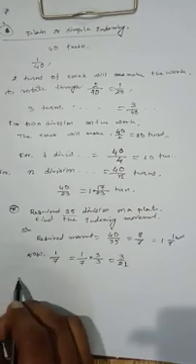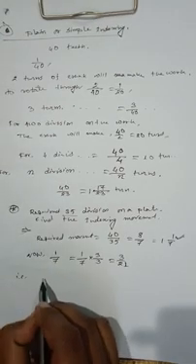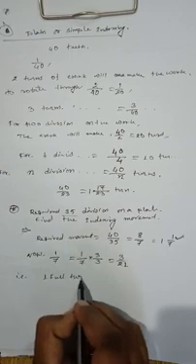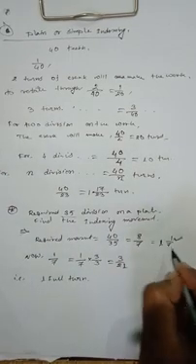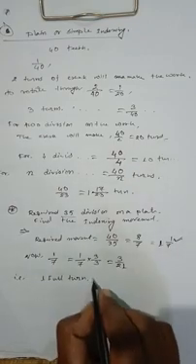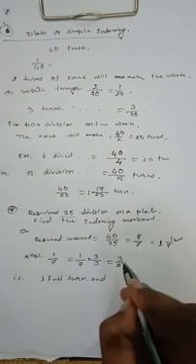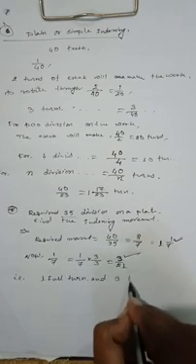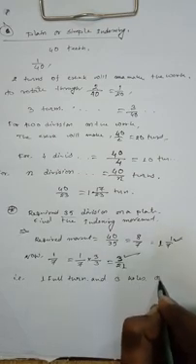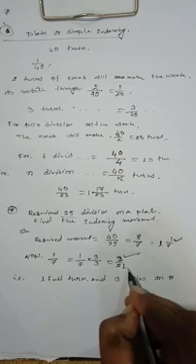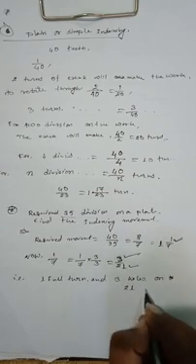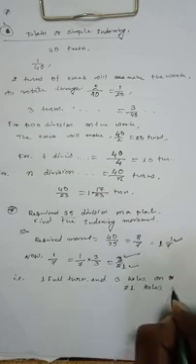So the answer is 1 full turn and 3 holes on the 21 hole circle.